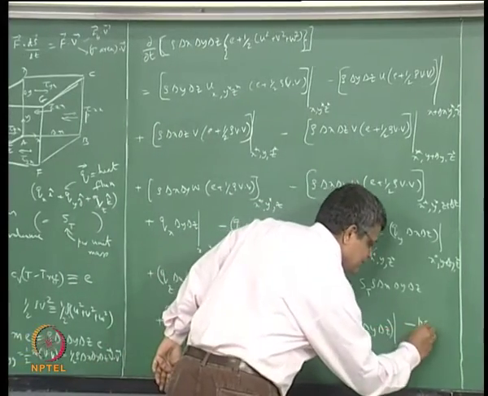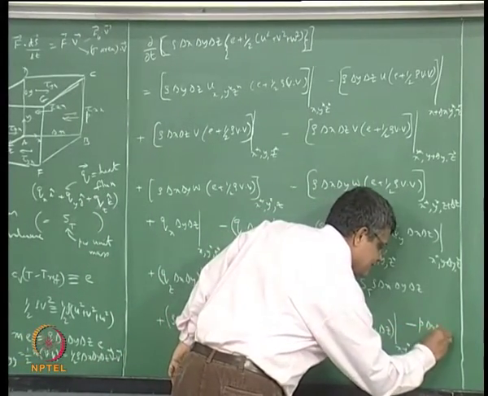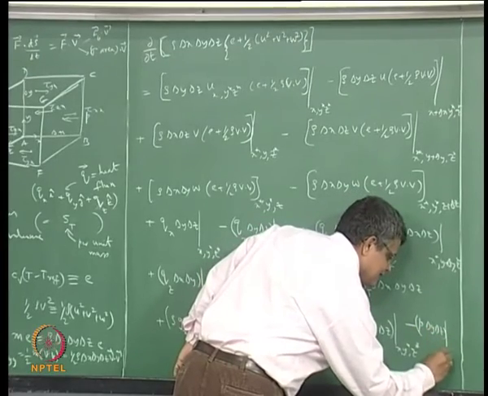So that is minus P delta y delta z evaluated at x plus delta x, y star, z star.